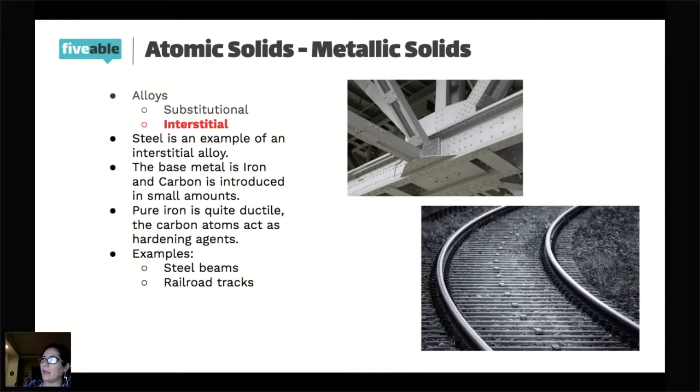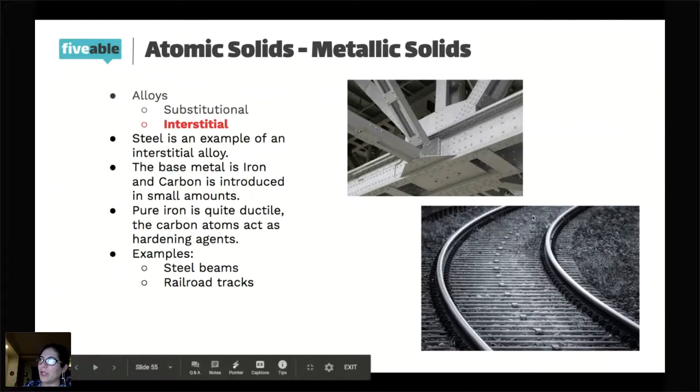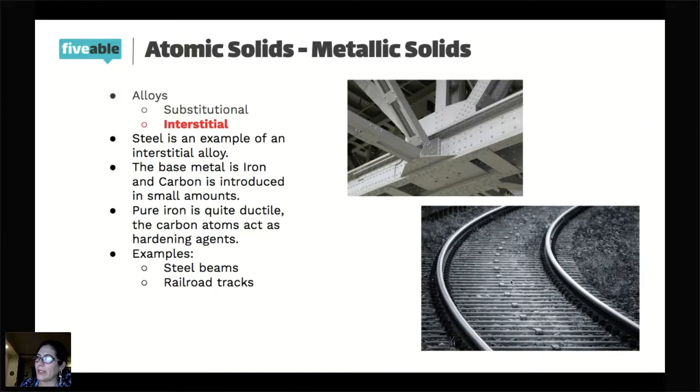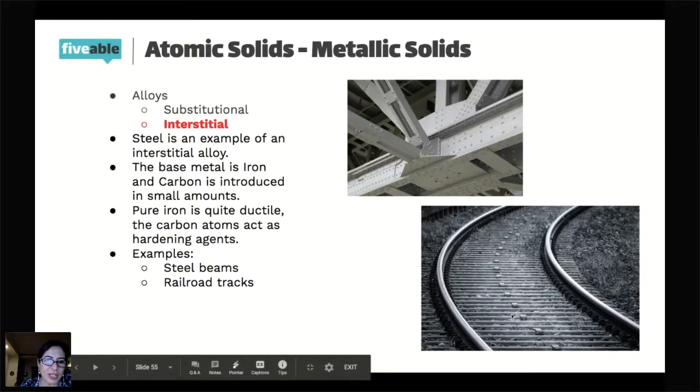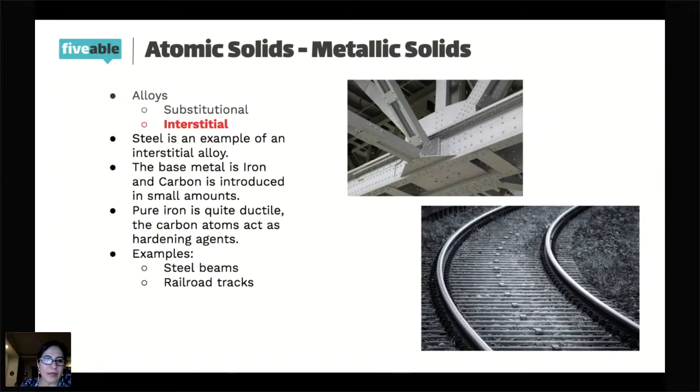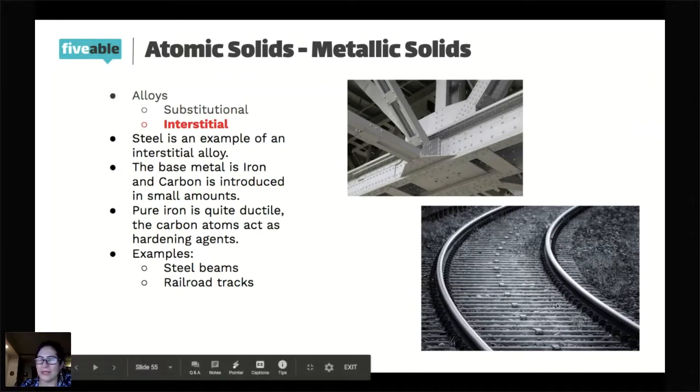And then they started with these alloys of introducing carbon to the iron, and they have the great benefit of the railroad tracks now supporting a lot of weight, so they don't have to change them that often. So that's an interstitial kind of alloy. Any questions? Okay, we're going to move on.